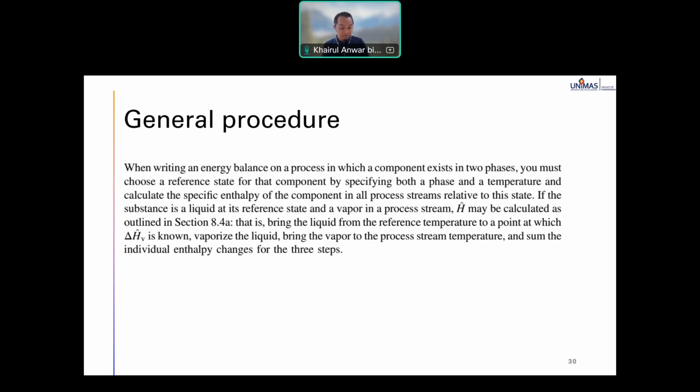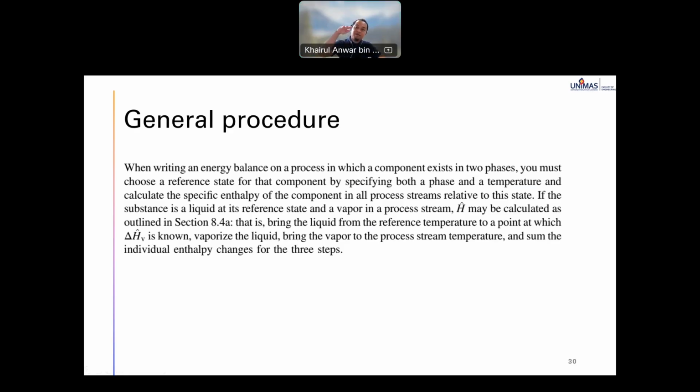It's in appendix B, page 638. Bring the non-vaporized liquid up. So the temperature that you raise is until the TB, boiling point temperature, at which the liquid turns to vapor.